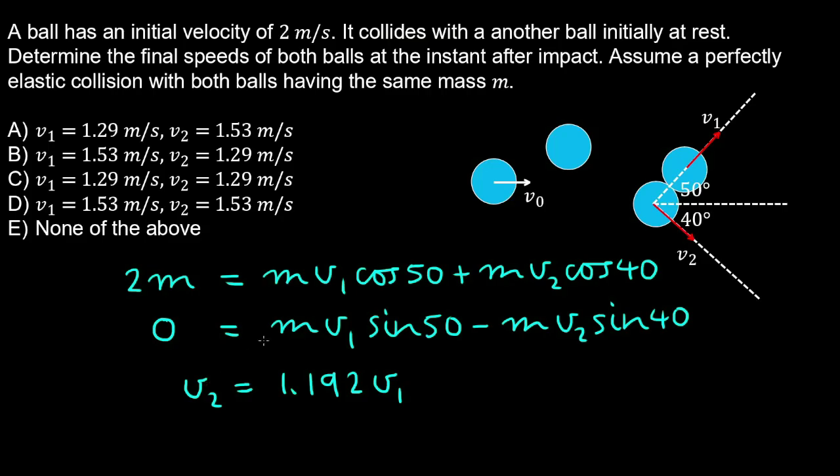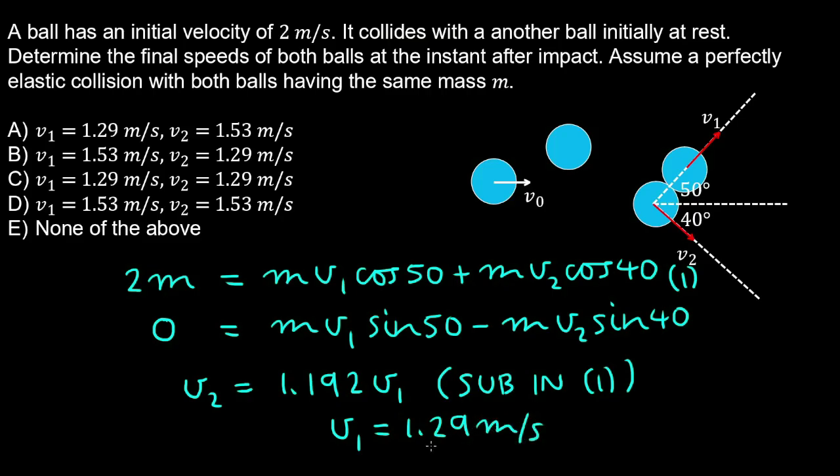And if you substitute v2 into the first equation, we'll be able to solve for v1, which is 1.29 meters per second. And then if you substitute this into this equation, we'd get v2, which is 1.53 meters per second. So the correct answer is A.